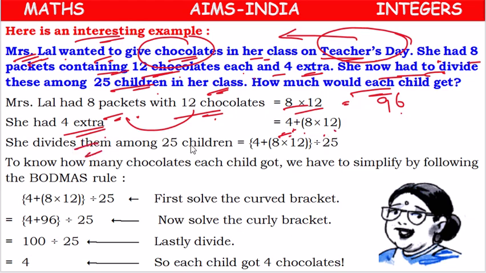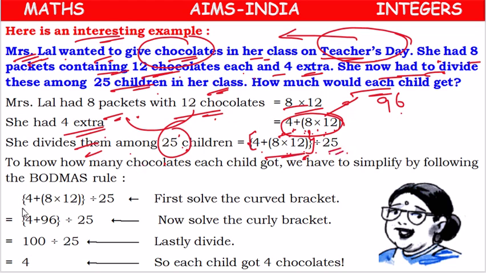When she divides this number, 4 plus 8 into 12, by 25, because she is dividing among 25 children, we have to divide this 4 plus 8 into 12 by 25. So already simple brackets are there. We will make use of flower braces, for this total term which is to be divided by 25.